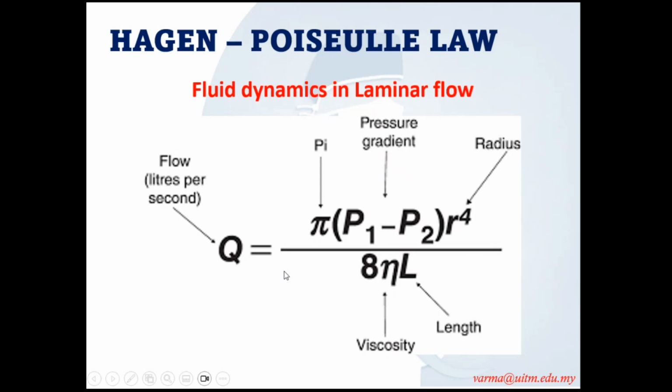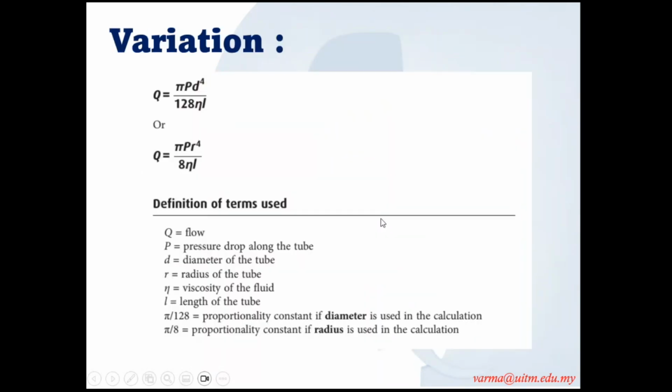Again, Poiseuille law will be applied in multiple scenarios in your physiology. Talk about any system, this is involved. And even in your pharmacology, in some drug administration, everything, you have to know this as well. Okay. So this is just extra information for those who might have a problem when you're looking at a few books.